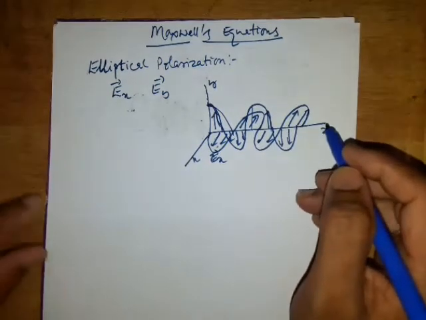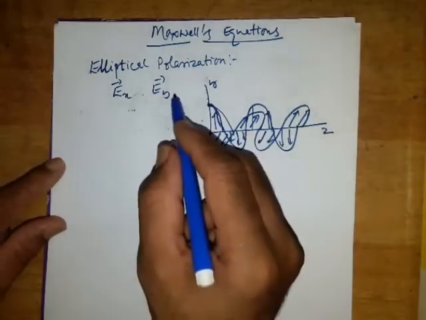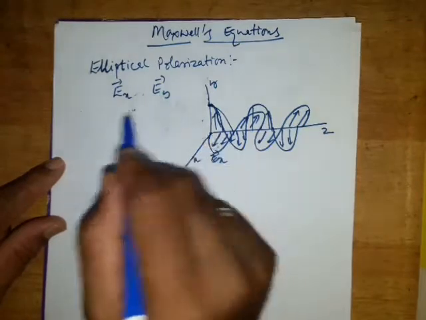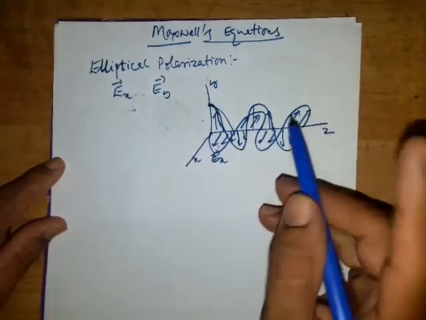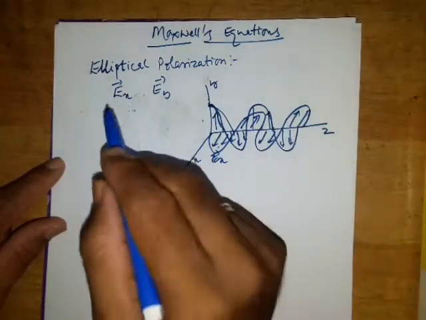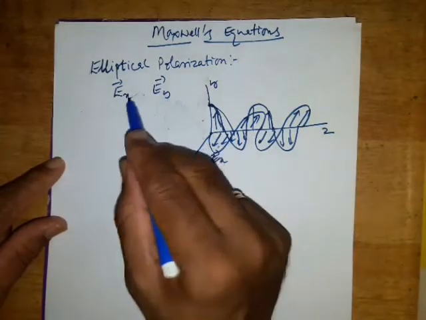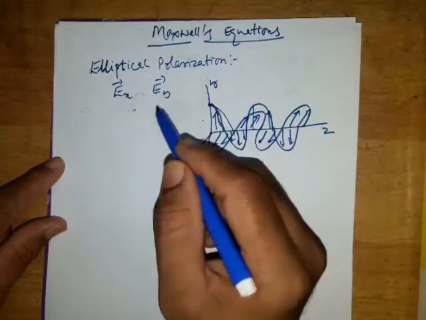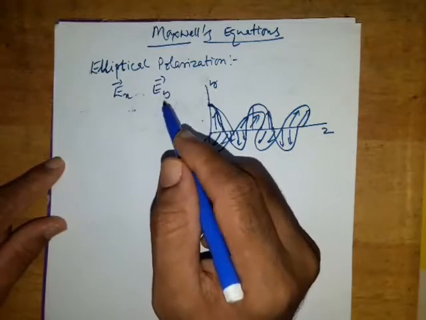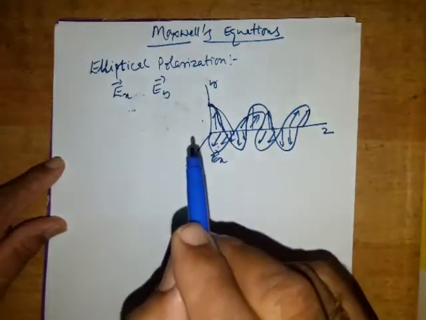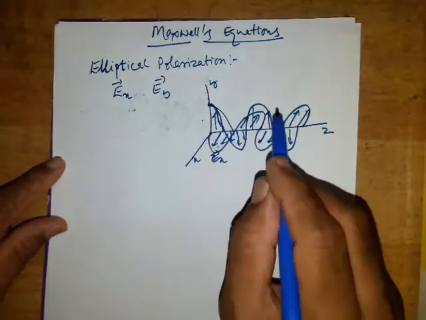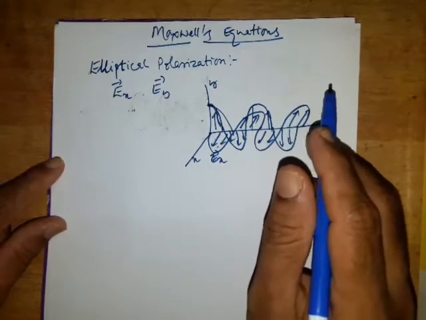Something like this. So here Ex and Ey are unequal, and the second condition is that these two components of the electric field vector have a non-zero constant phase difference.